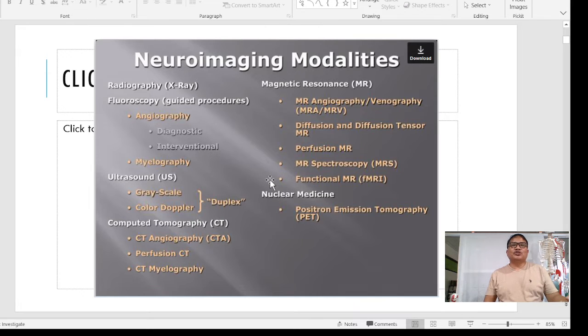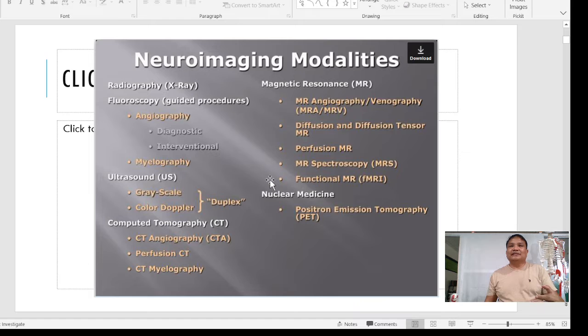You have perfusion CT angiography. Perfusion refers to the studying of the blood flow, or the returning of the blood flow to certain areas which have hypoxemia or ischemia. Then you have your CT myelography. Again, this is the studying of the meninges of the spine.